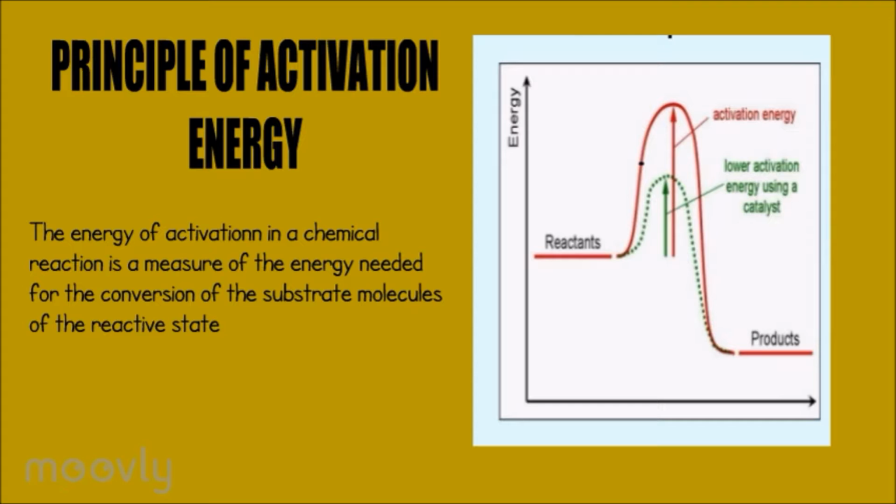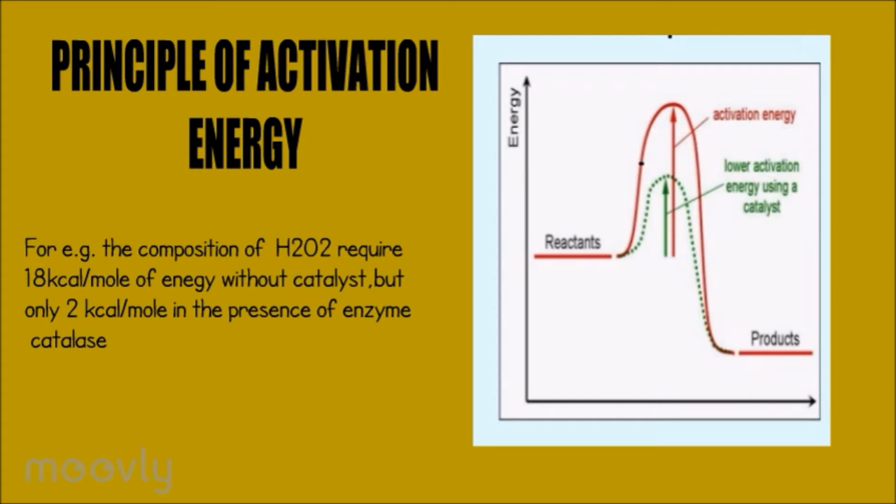For example, the decomposition of H2O2 requires 18 kcal per mole of energy without a catalyst, but only 2 kcal per mole in the presence of an enzyme catalyst. So we could say that in the presence of enzymes, the reactions are sped up.